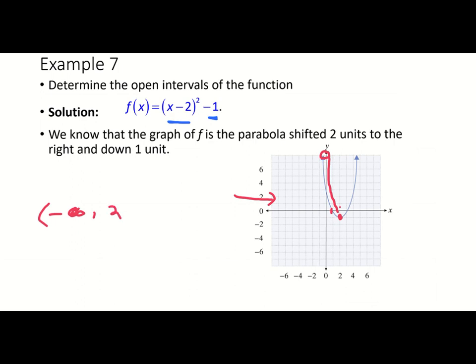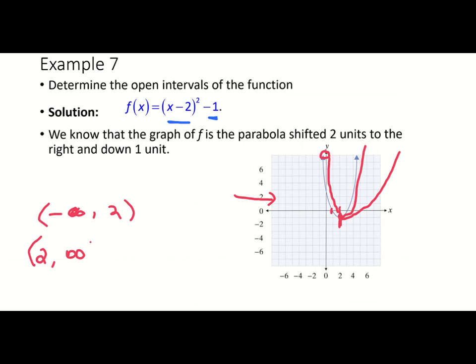So it is decreasing from negative infinity to 2. Then from that point on, from 2 up, it is increasing. So it's going uphill from there. So our parabola is increasing from 2 to positive infinity.